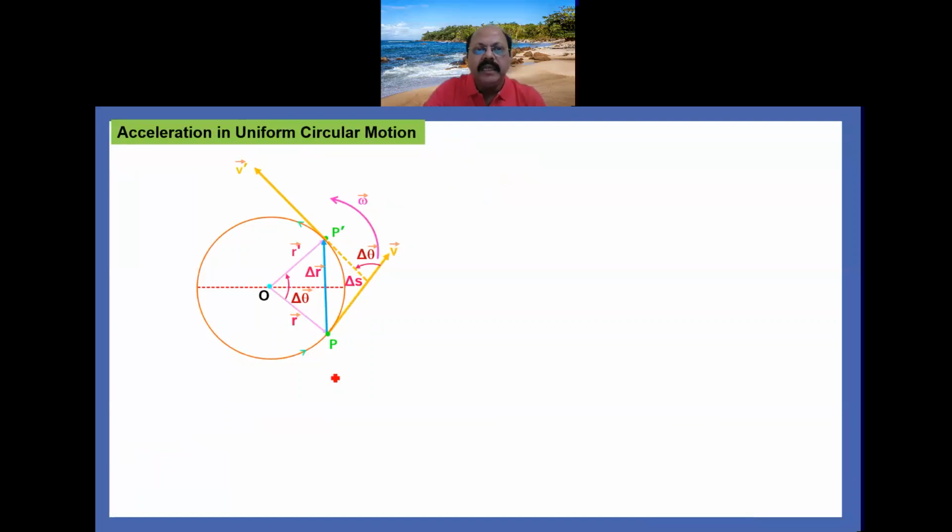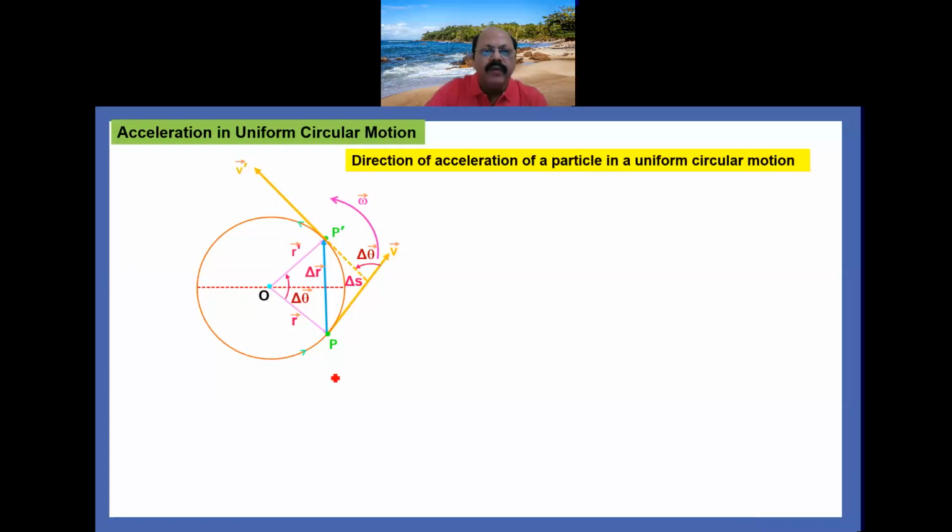Now, acceleration in uniform circular motion. So you see the direction of acceleration of a particle in uniform circular motion. For that purpose, we take a particle at point P moving along this circular path with constant speed, but at every instant of time its direction changes.